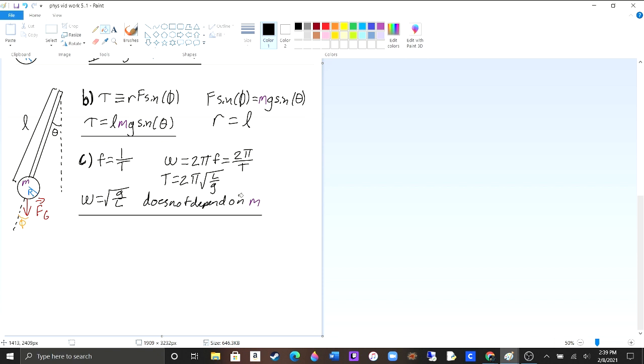We can put those all together and we find that our angular frequency equals the square root of g over our length. So this obviously does not depend on m.